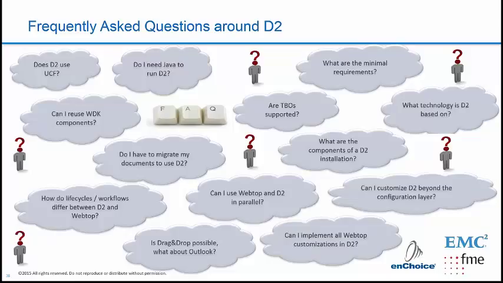Can I extend D2 beyond the configurations we've been talking about, because I have some special scenarios or requirements that need that type of extensibility within the framework? And what about our TBOs, because I've invested a number of person days of implementation time on TBO work that has my special business logic, and I want to continue to leverage that investment?